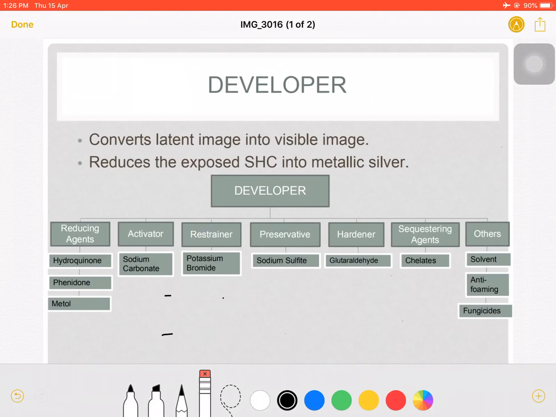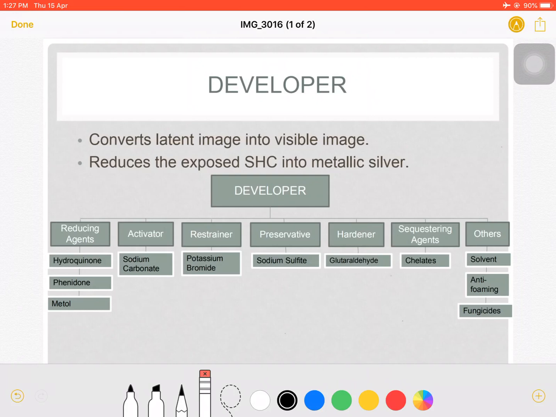Our phenidone has 5 to 10 times developing power compared with methyl. As I've said earlier, phenidone is usually used in automatic processor and in a form of liquid, and methyl is used for a manual processor in form of powder.